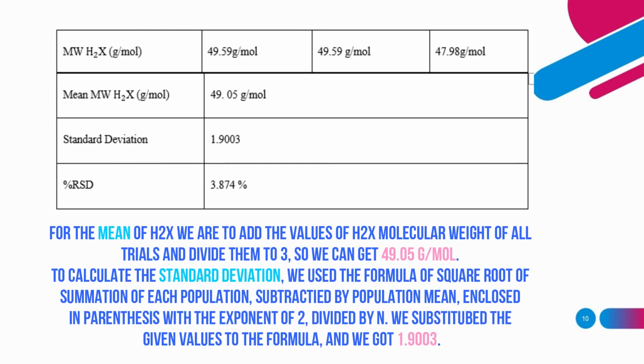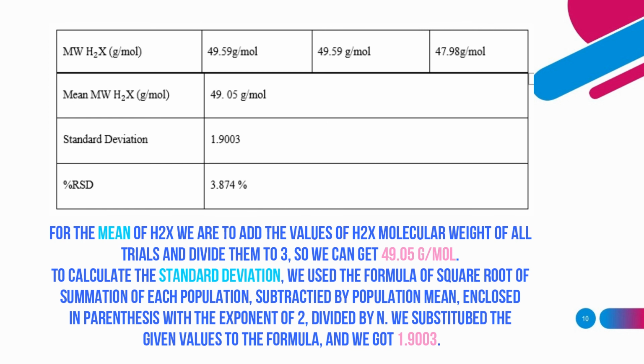For the mean of H2X, we are to add the values of the H2X molecular weight of all the trials and divide them by 3. So we can get 49.05 grams per mole. To calculate the standard deviation, we use the formula of the square root of the summation of each population value subtracted by the population mean, all enclosed in parentheses with the exponent of 2, divided by n.